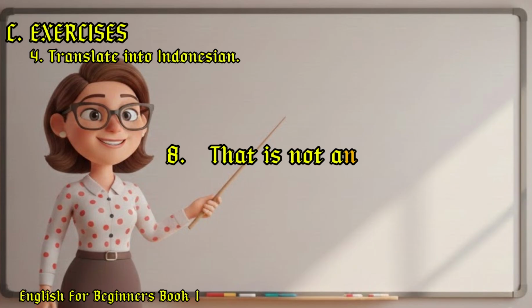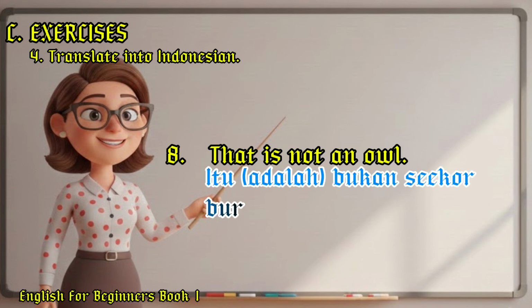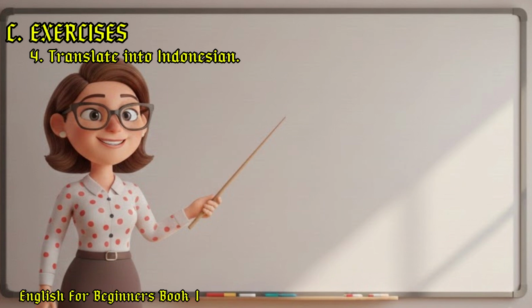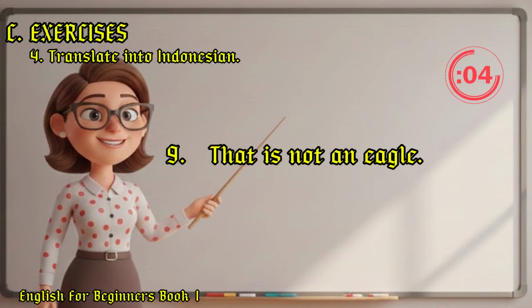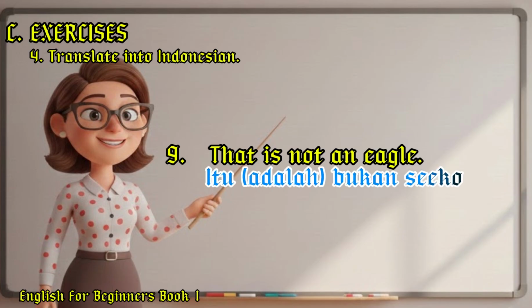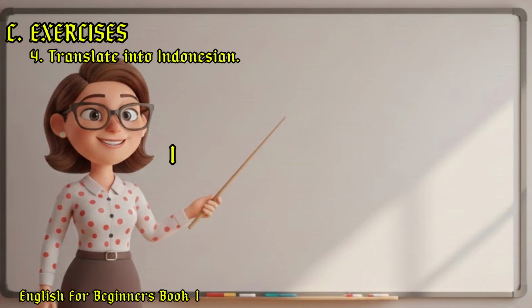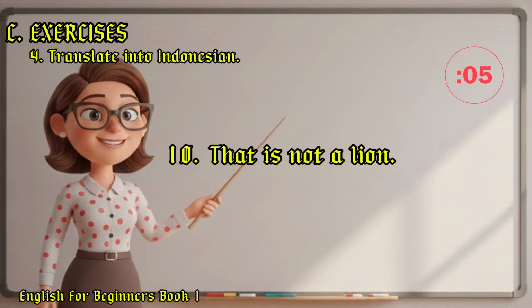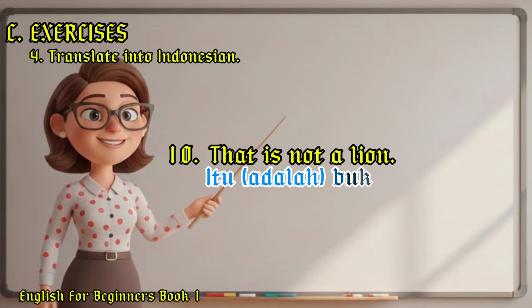That is not an owl. Itu adalah bukan seekor burung hantu. 9. That is not an eagle. Itu adalah bukan seekor burung elang. 10. That is not a lion. Itu adalah bukan seekor singa.